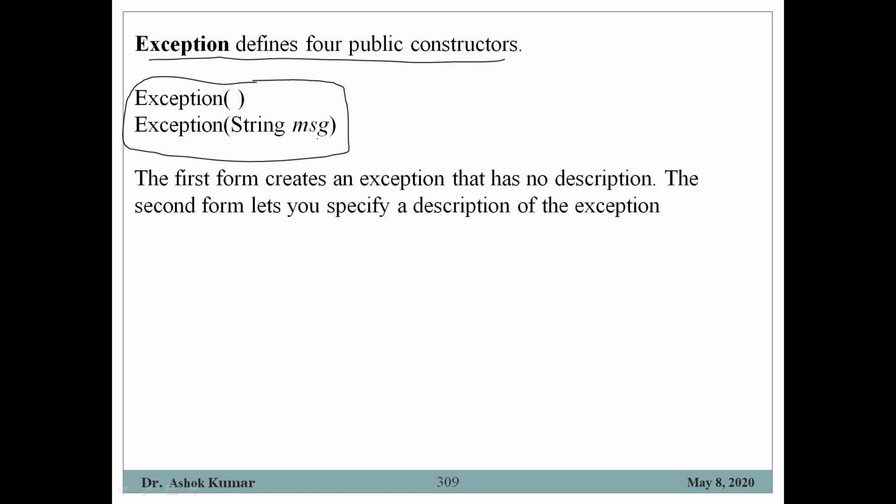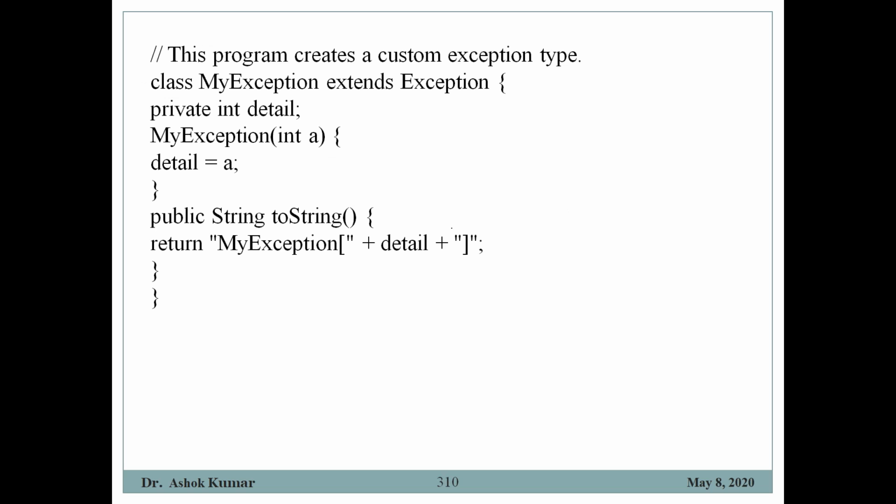If you want to assign any description to the exception, then you can use the second constructor through your subclass. And if you don't want to assign any description to the exception object, then you can use the constructor without any parameter. This we have used in this simple example.